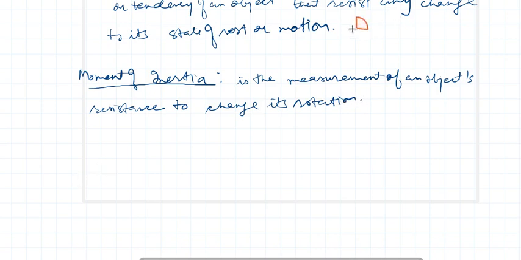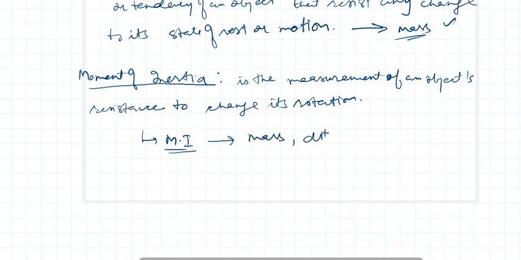And inertia basically depends upon the mass, but in case of moment of inertia, it depends upon the mass and distance from the axis of rotation.